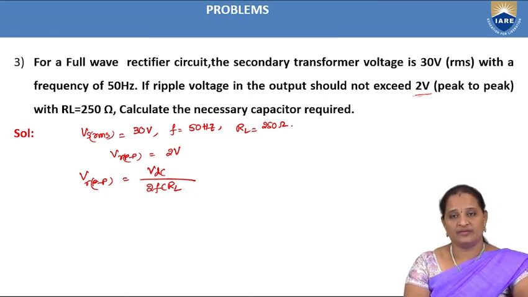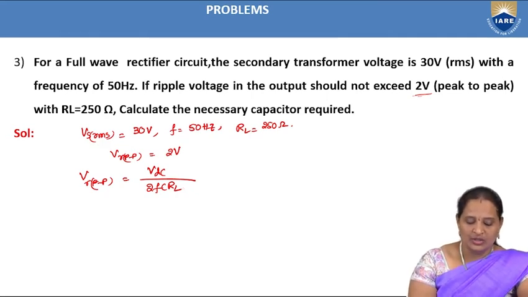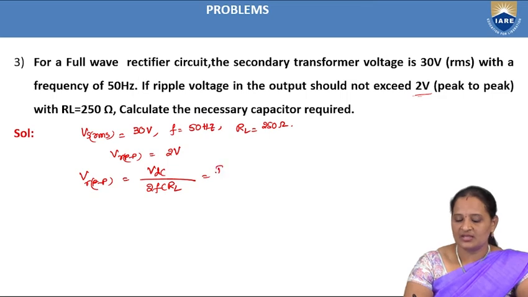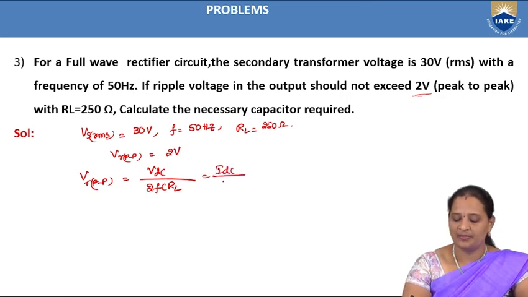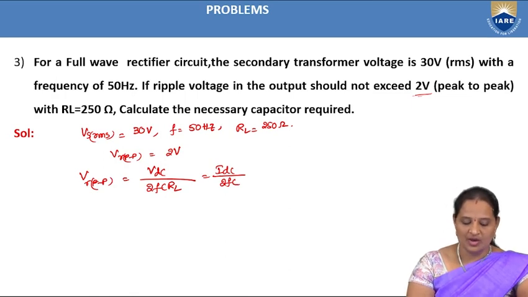So we can also write this as IDC divided by 2 into FC. So that is, VR peak to peak is given by IDC divided by 2FC.